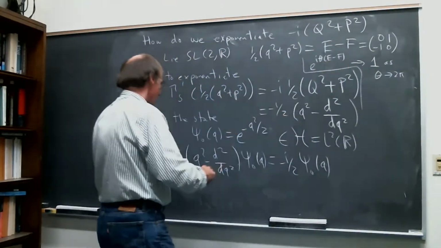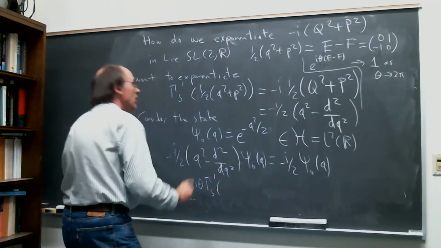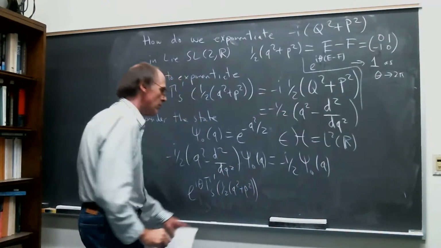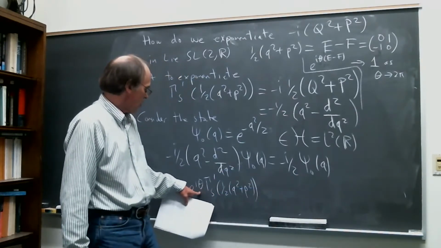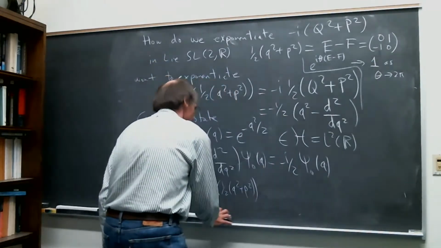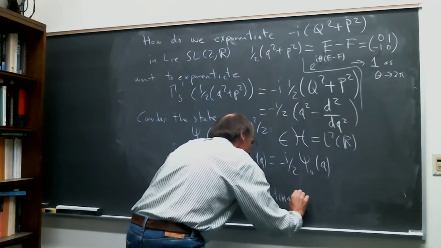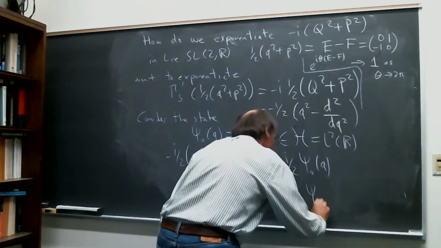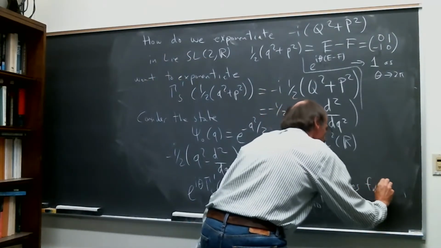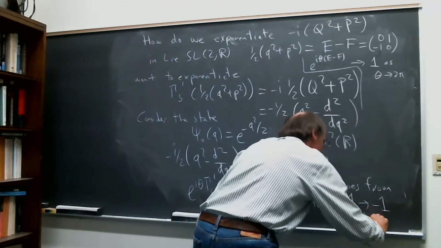The problem is that if you do the same thing, e to the i theta times the representation operator of this guy, what happens as you go from theta to 2 pi, you're acting on psi of q, which goes from 1 to minus 1 as theta goes to 2 pi.